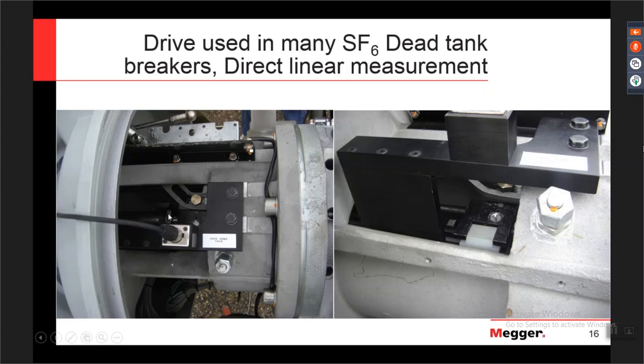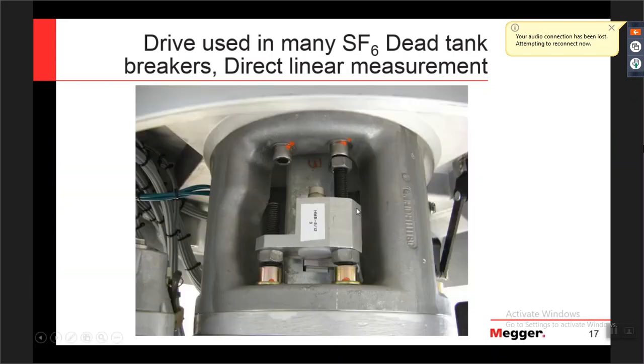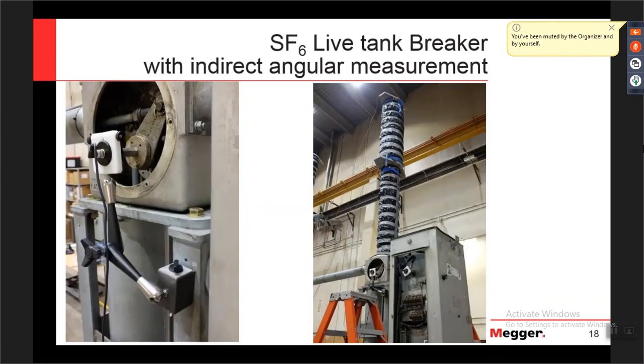For certain breakers, like certain SF6 dead tank breakers, the shaft from the operating mechanism goes directly, so linear direct measurement.